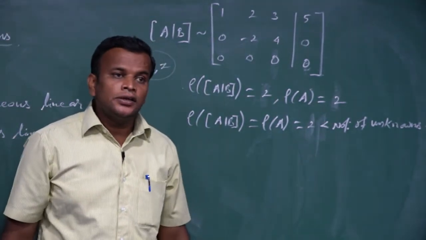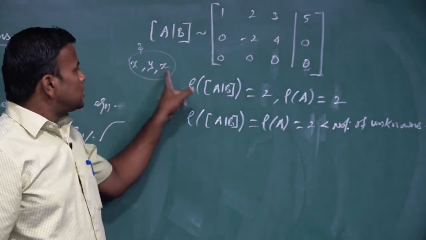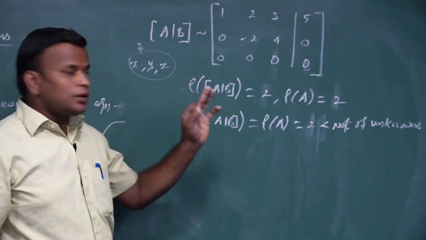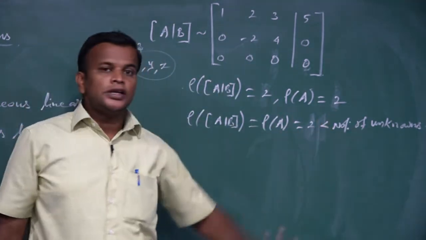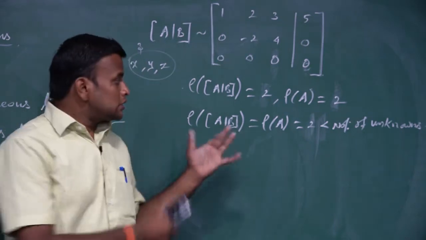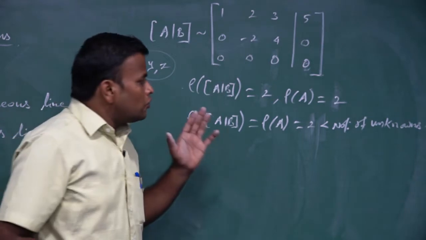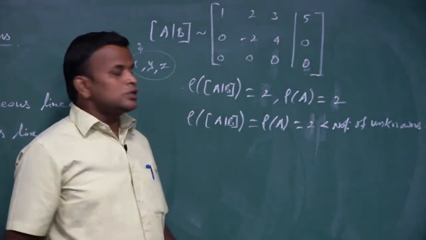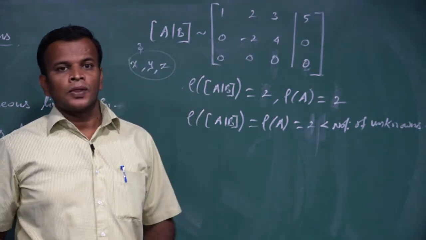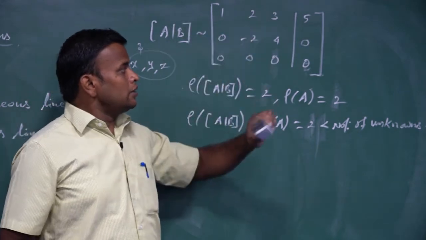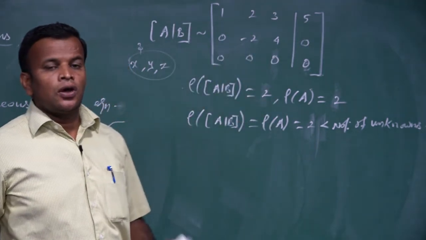What is meant by less than? Because x, y, z, 3 variables are given, that is 3. 2 is always less than 3. So in this case, how to solve? We have 2 equations and 3 unknowns. Suppose we convert it into a system of equations.